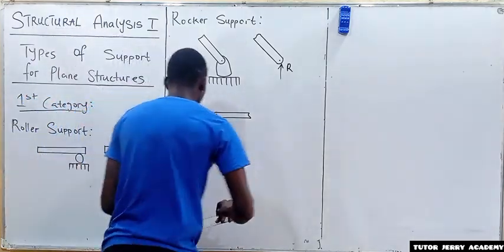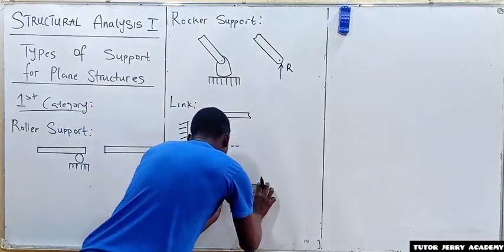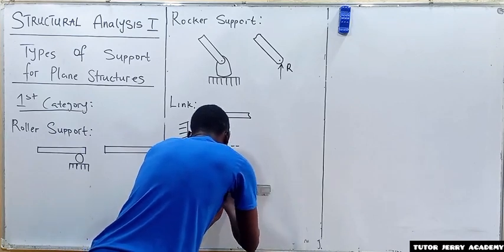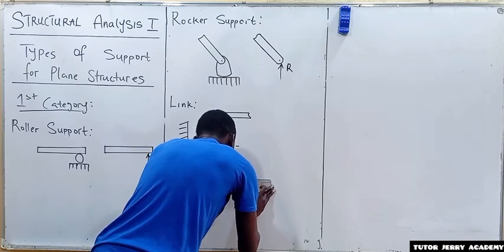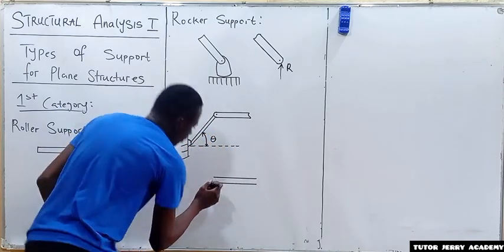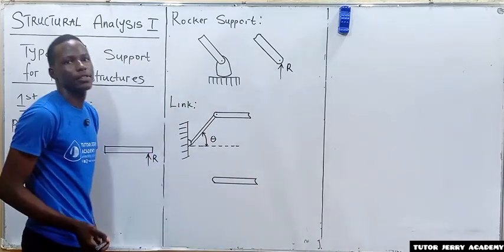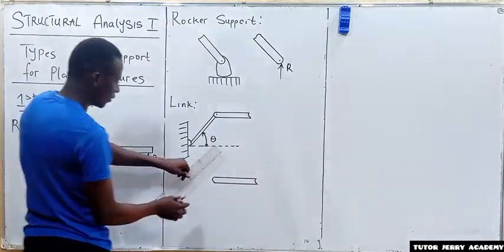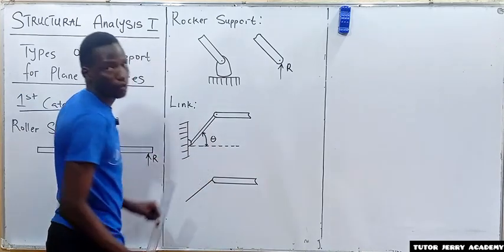All right. So for the free body diagram, we're going to have the link here. All right. This is what we have. Right. Then we have the link. Right.